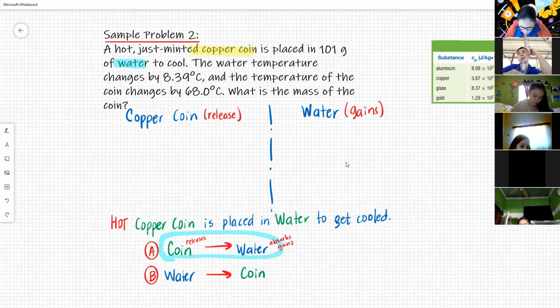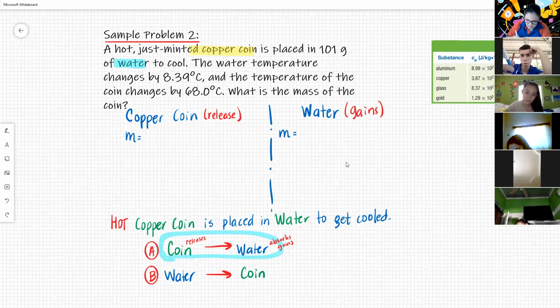So what do I know about the copper coin? Do I know the mass of the copper coin? 101 grams. But that's not the copper coin, that's the water, okay? So it says the copper coin is placed in 101 grams of water to cool.